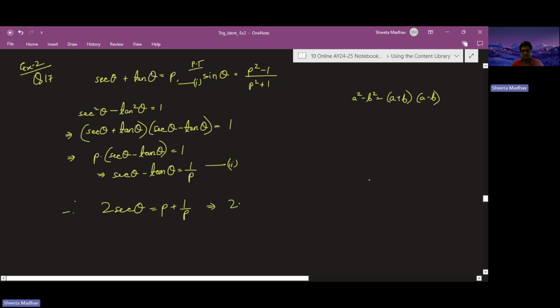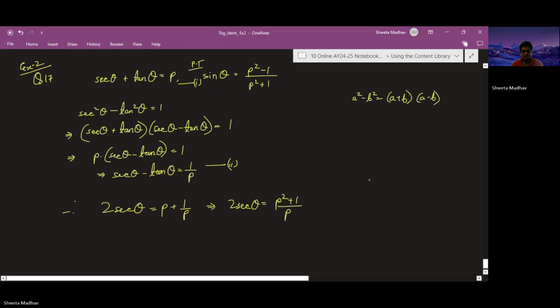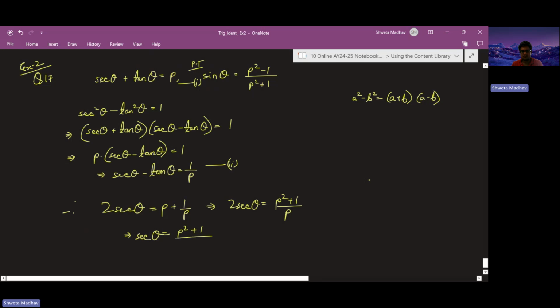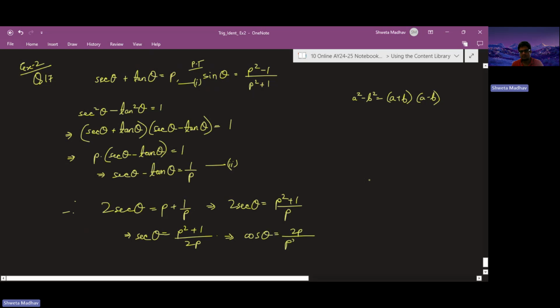So 2 sec theta is equal to p square plus 1 by p, since the LCM is p and the numerator gives p square plus 1. Therefore sec theta is equal to p square plus 1 by 2p. Sec theta is the reciprocal of cos theta, so cos theta will be equal to 2p by p square plus 1.